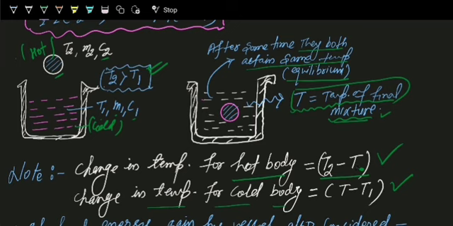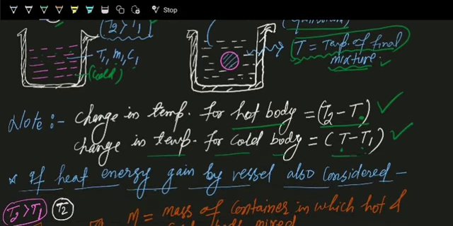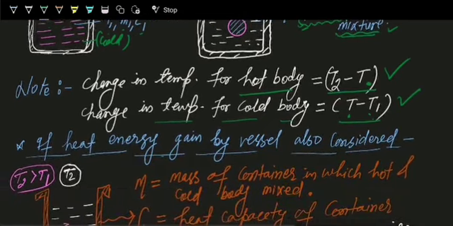So in the first case T2 is greater and T is less. In this case T is greater and T1 is less, because T1 is the initial temperature of the liquid. This liquid is going to gain some temperature from the hot body, and after that it will attain the temperature T. That's why I have written T minus T1, because the cold body's temperature increases.